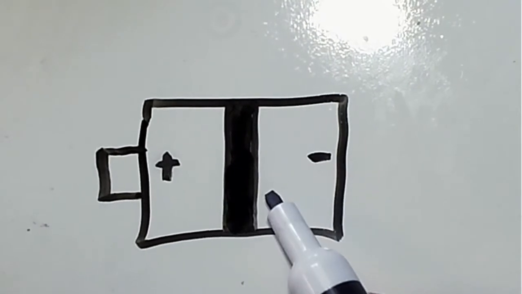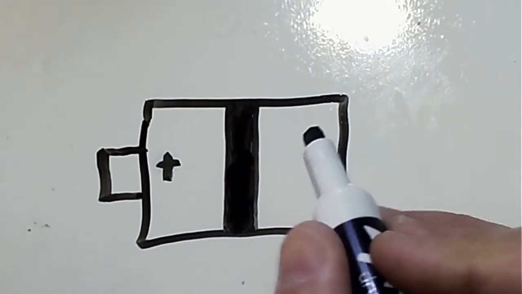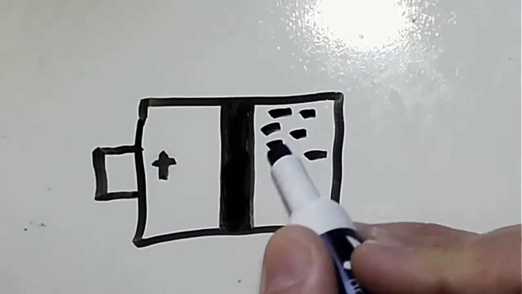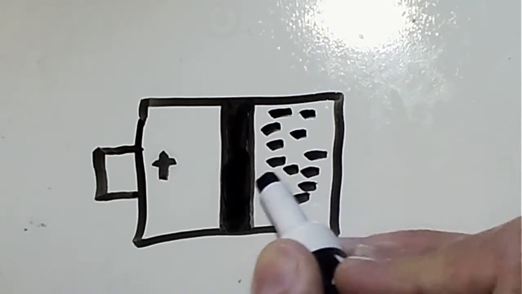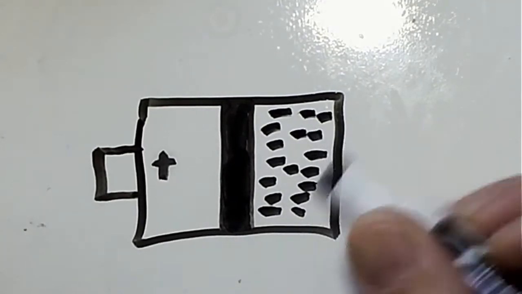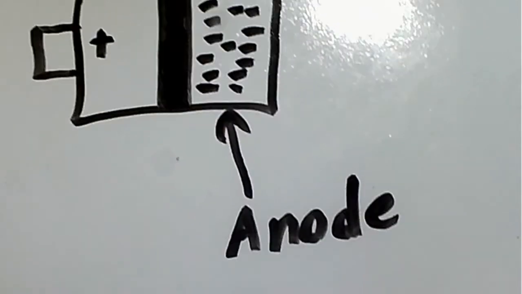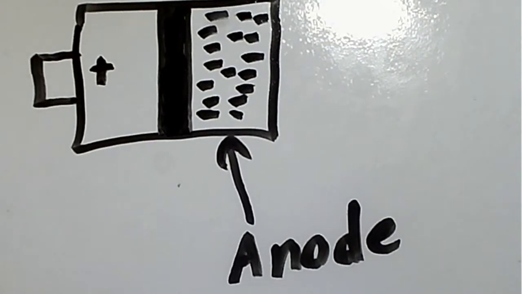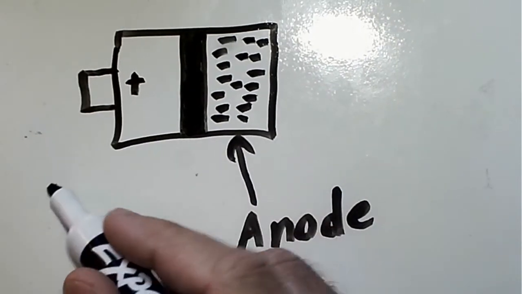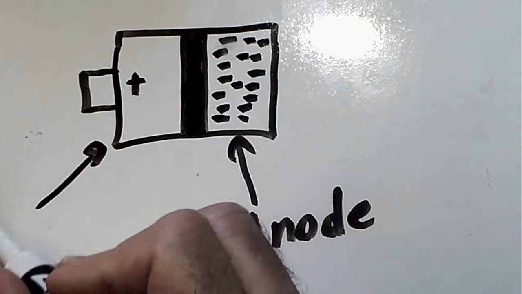But you have a battery, and on this side, there are a bunch of negative ions. This would be the anode. And then you have a positive side, which is the cathode.